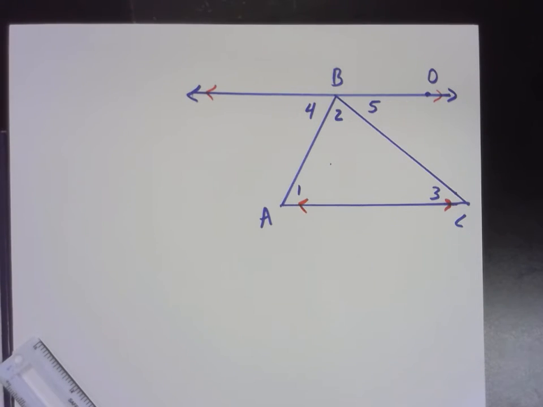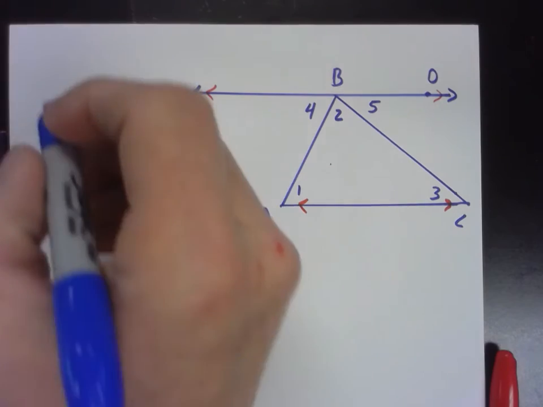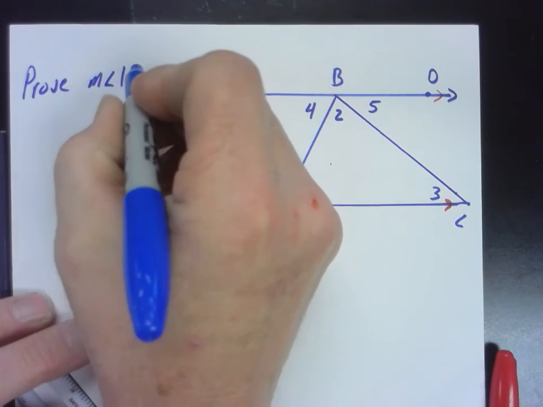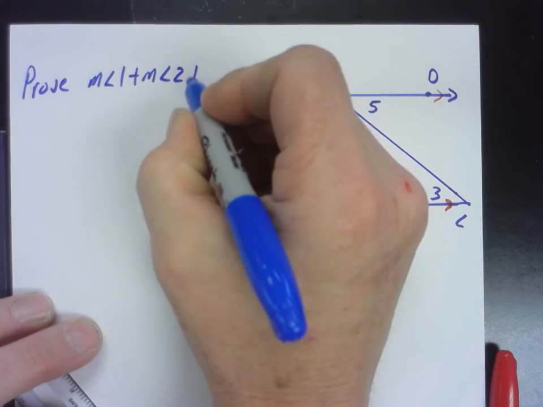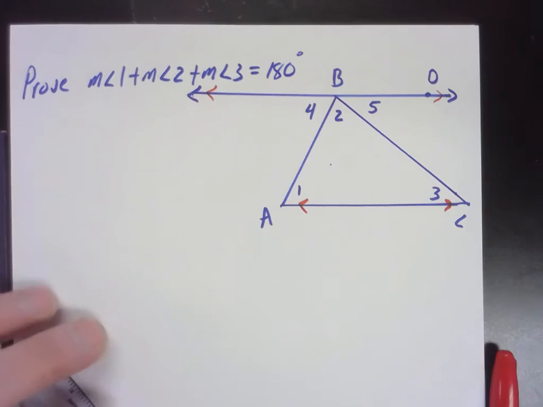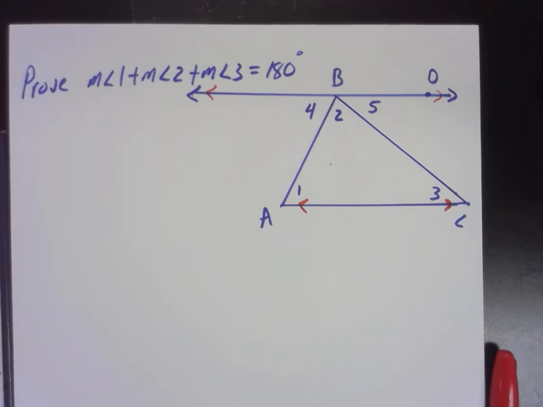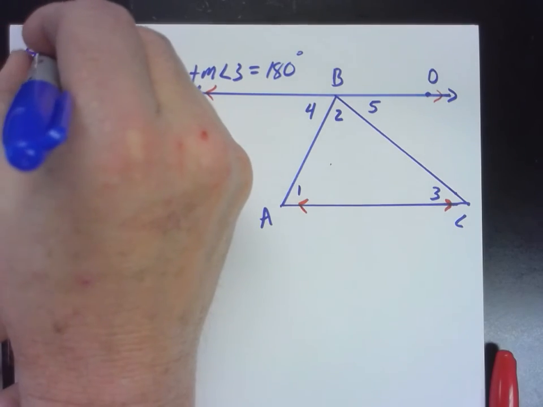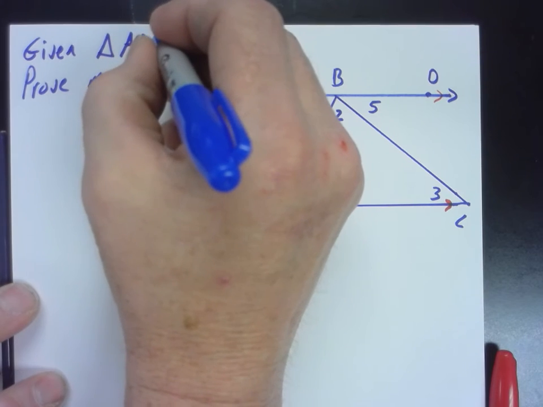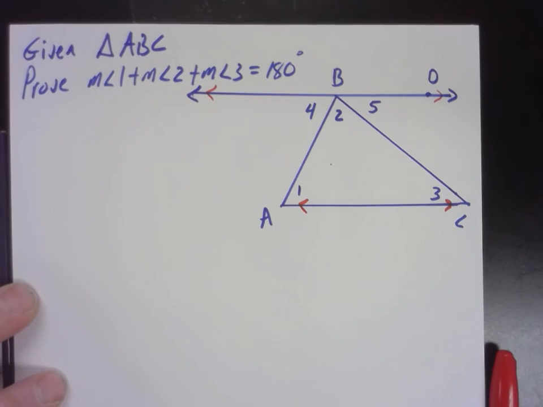Okay? So let's prove that the measure of angle 1 plus the measure of angle 2 plus the measure of angle 3 is 180 degrees. So what are we given here? We're just given triangle ABC. That's pretty much it.